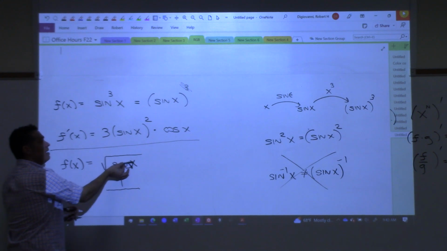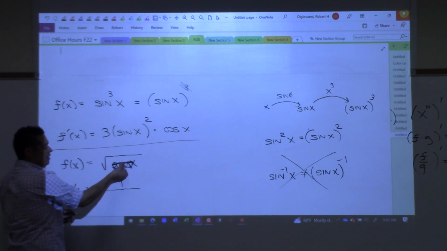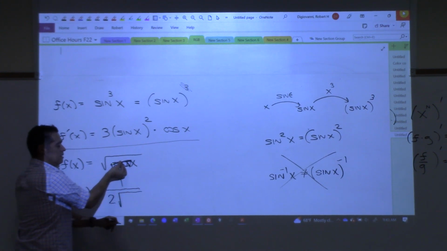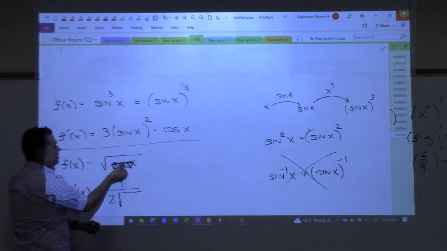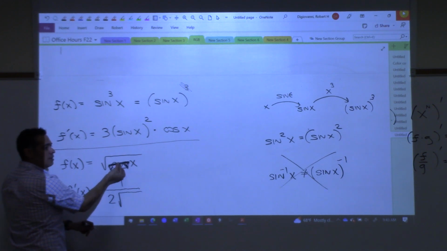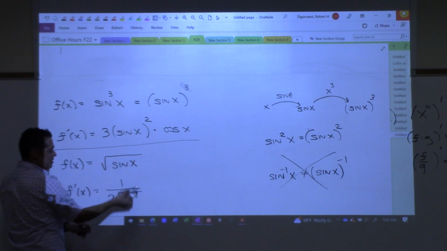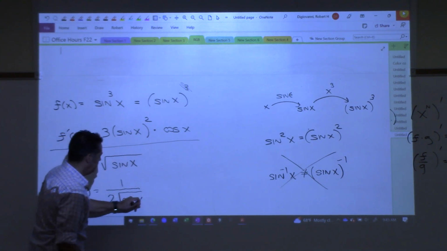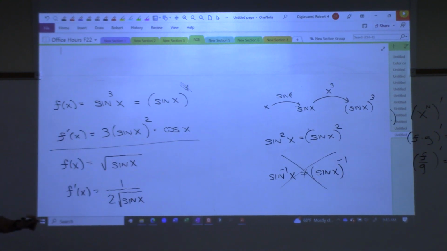So what you're doing is saying, I've got the square root of some really cool glasses, and I want the derivative of that, which would be 1 over 2 square root of x, well, but it's not x, it's my cool glasses. So it's my cool glasses that go here, right? So it's sine x here. Everybody understand?